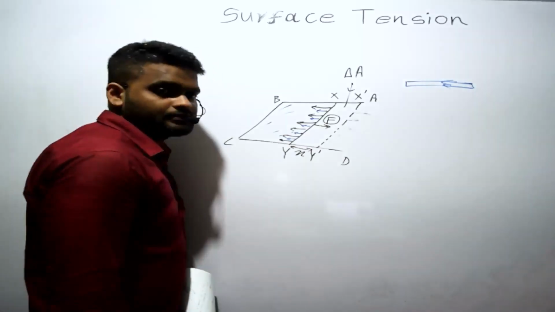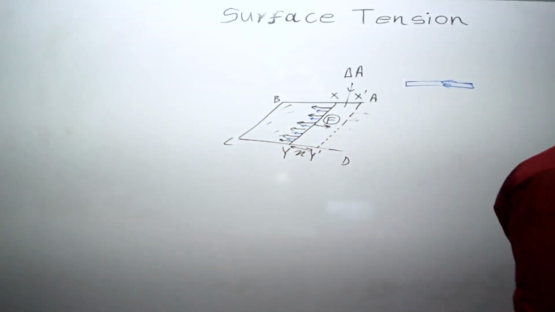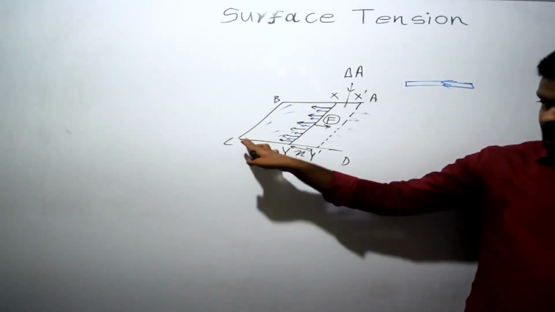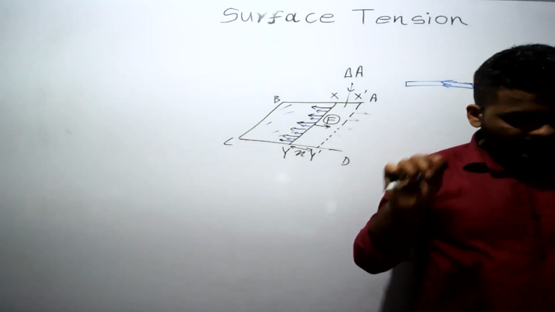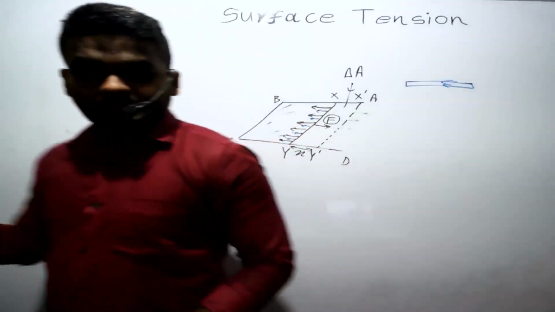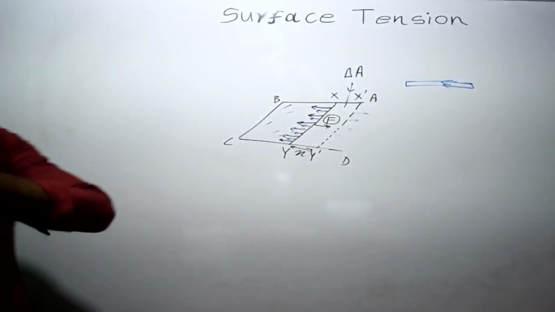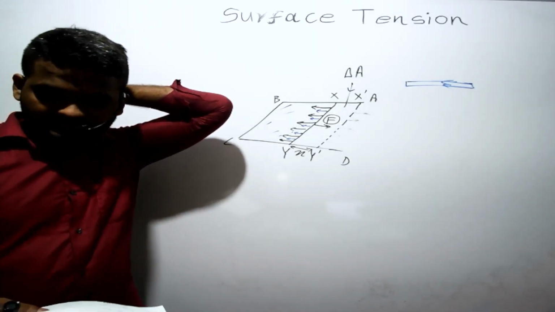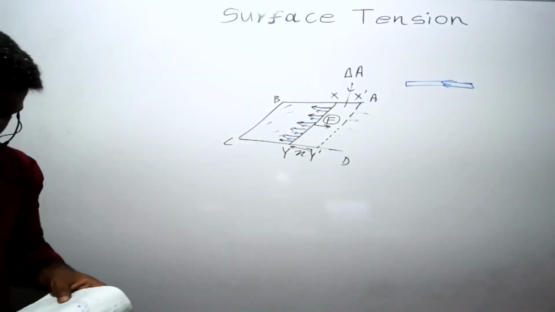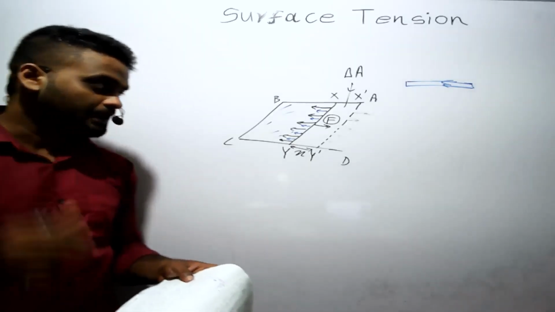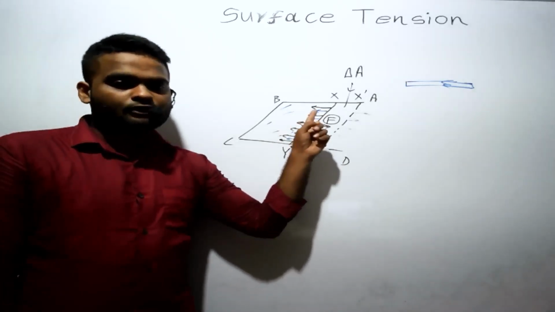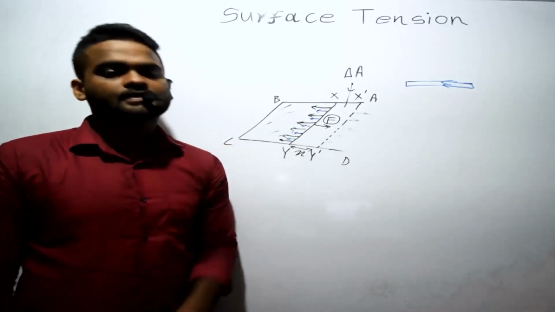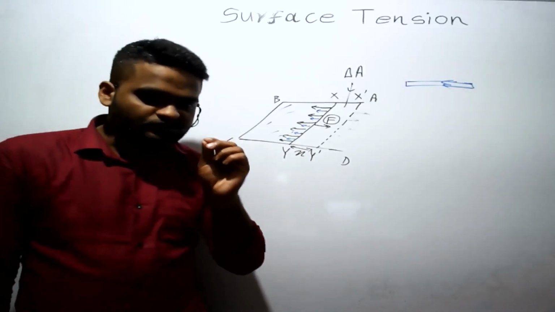Let's say that force is capital F. Below this, write down: let's say the wire is carried a distance x by applying capital F force, isothermally.